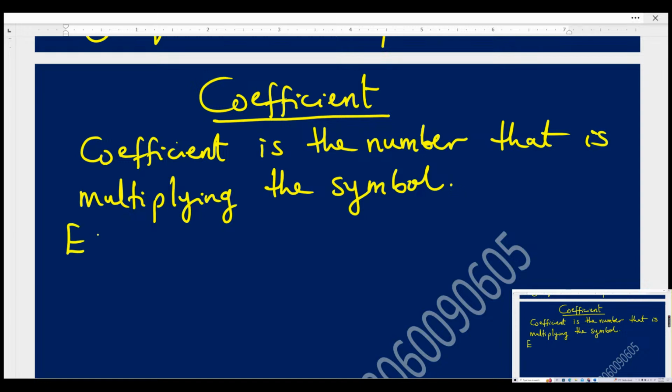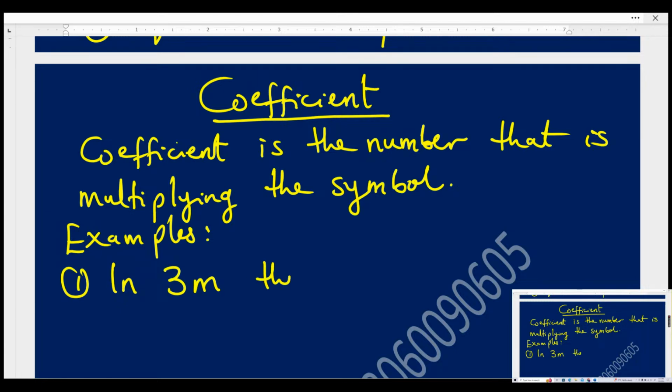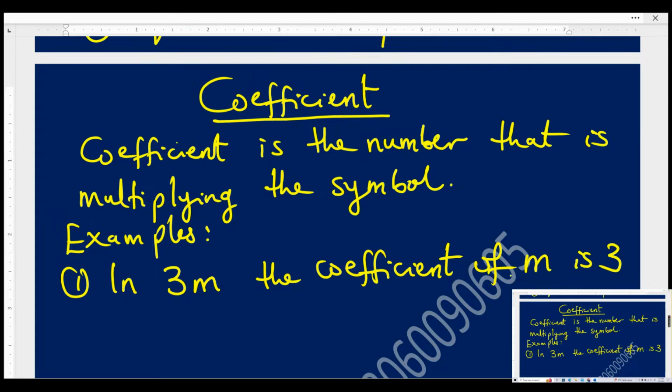Now look at examples of coefficients. The first one, in 3m, the coefficient is 3. The coefficient of m is 3. In the term 3m, the coefficient of m is 3. Now let's look at the next one.